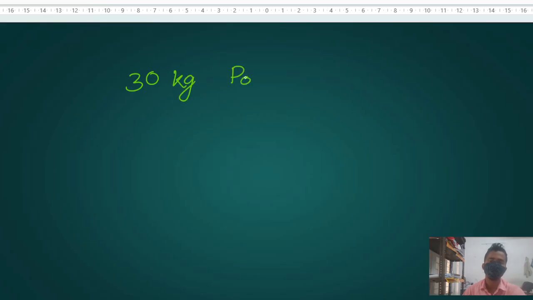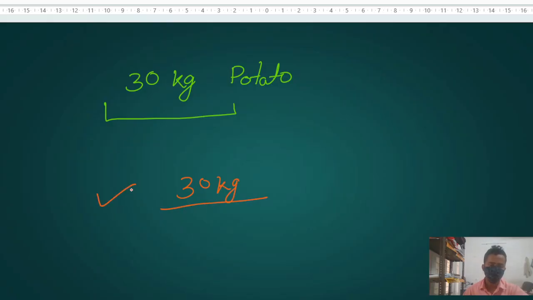So the amount, the measurement, whatever you are going to buy, that is 30 kg. We are dealing with only this 30 kg. There is nothing about the potato. We only have to know about the 30 kg. It is the total amount that we have to buy.